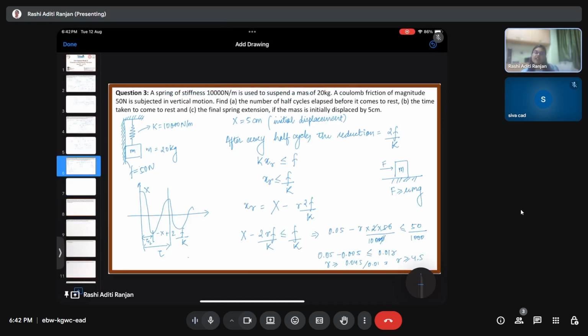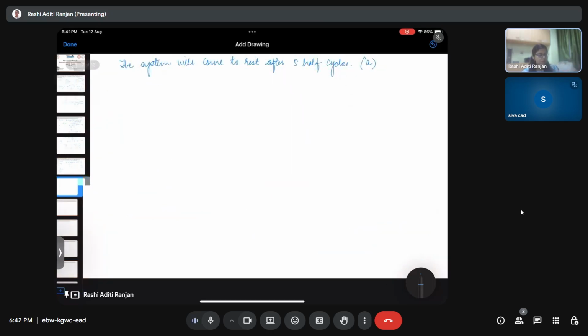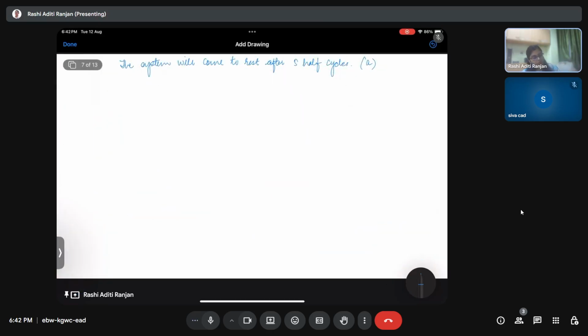Okay, we evaluated in the A part the number of half cycles. Here we have to evaluate the time. Okay, so for one cycle, see again, omega will be equal to omega n, because this is a case of Coulomb damping and the system is going to oscillate at the natural frequency only.